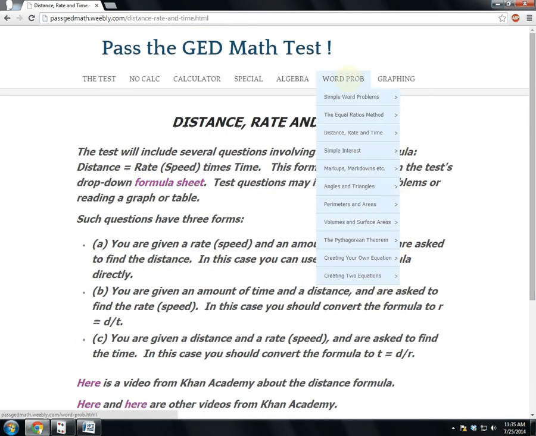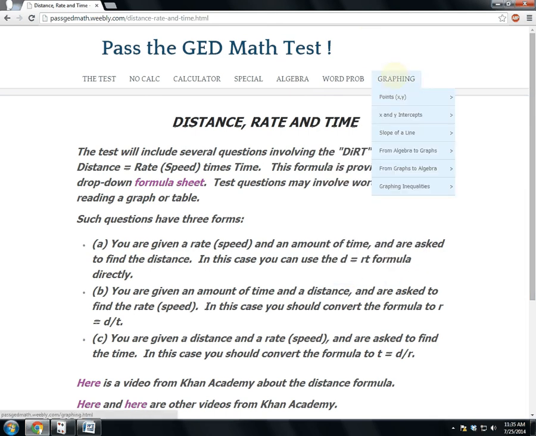There are also on the test a few questions which don't involve a standard formula, where you have to either create your own equation or in some cases even 2 equations. And the final 2 pages in this word problem section that I'm highlighting here give you help with skills to do that.